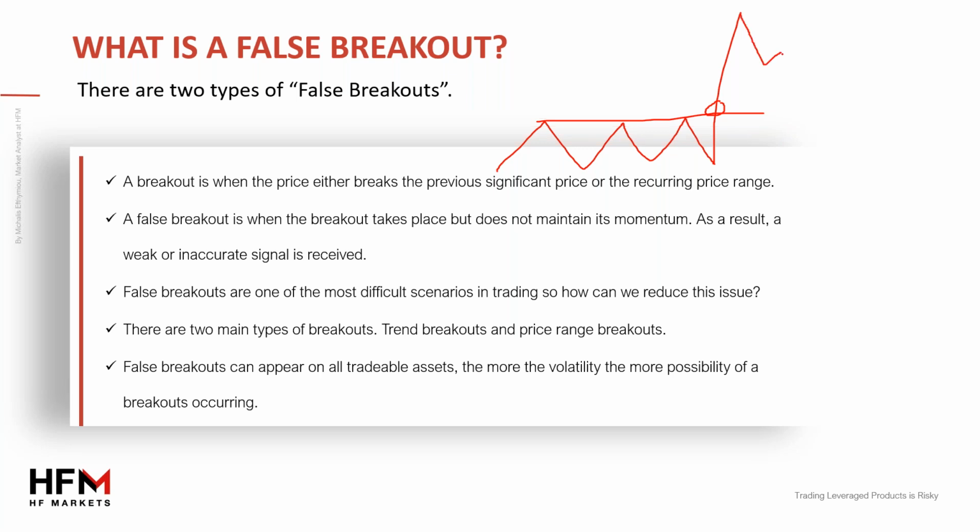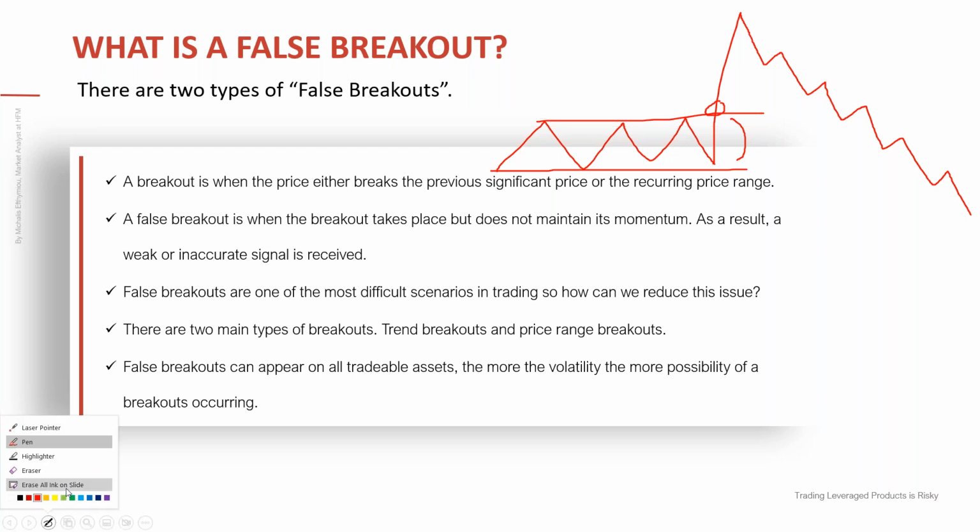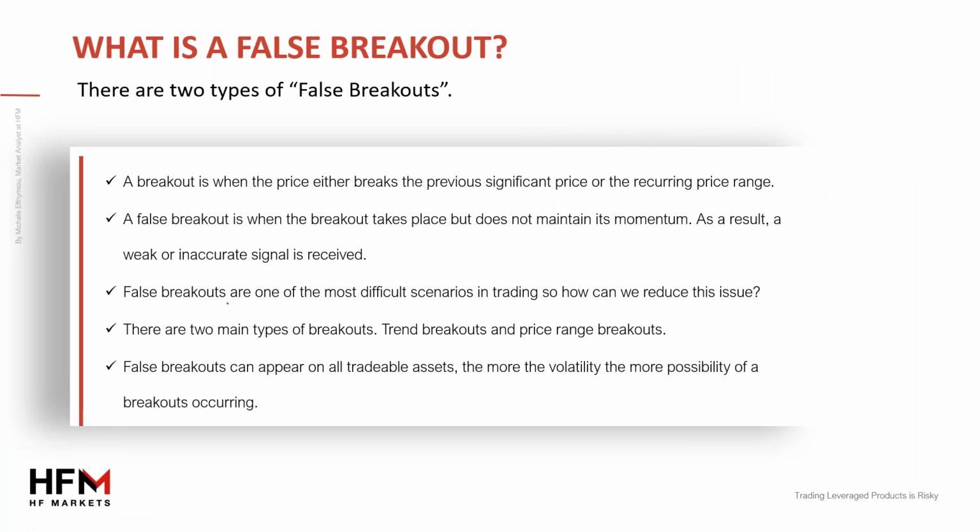What happens is the price starts to do this after, and it not only declines to that previous range that we're seeing here, but it's actually declining lower. It's a completely new, different trend. We're going to look at why this actually happens as well. So keep in mind that this is a false breakout. So we get the breakout, but it's unable to maintain momentum.